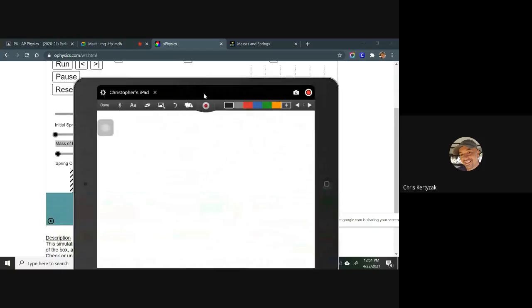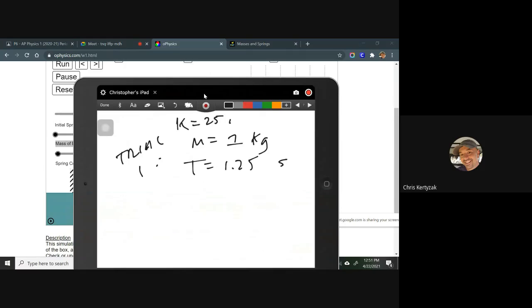Mass of 1 kilogram, 1.25 seconds, and that was with a K value of 25 newtons per meter. So now we're going to quadruple the spring constant to make it 4 times stronger. So K is going to go up by a factor of 4.